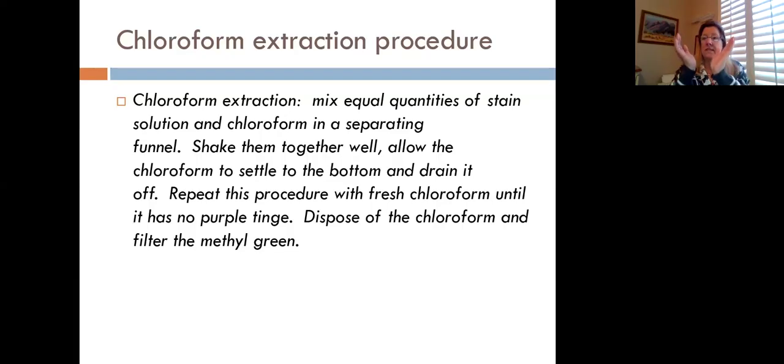Virtually what's happening is the chloroform is attaching to the impurities within this dye component, and it makes it heavy, so it drops down, and then we can filter it out by releasing that tap and taking that chloroform out.